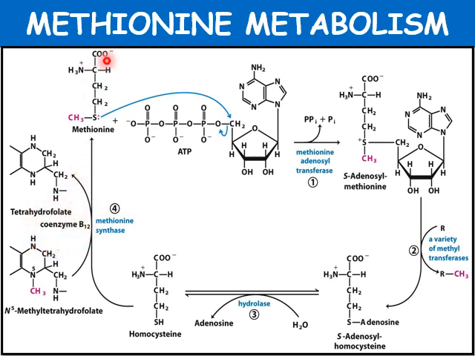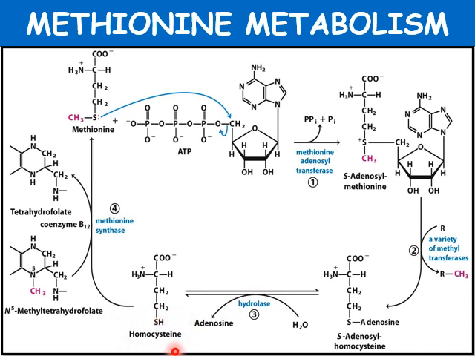So this is the metabolism of methionine, in which methionine is first activated to S-adenosyl methionine, then it becomes a methyl donor. It donates its methyl group to any acceptor and gets converted into S-adenosyl homocysteine. This S-adenosyl homocysteine releases adenosine with the help of the hydrolase enzyme and gets converted into homocysteine.